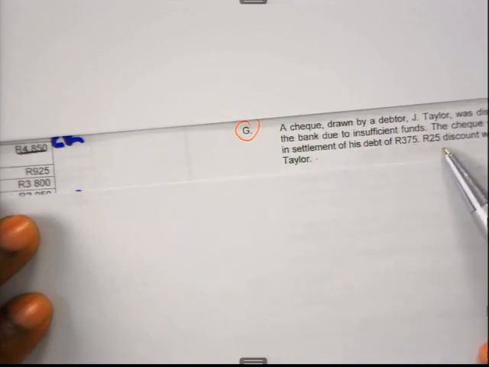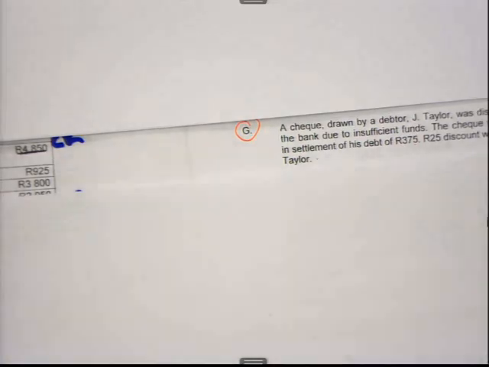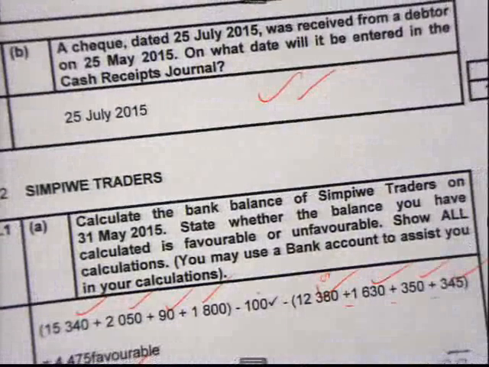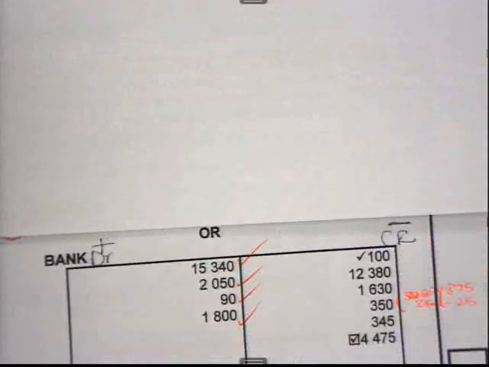So 25 rand discount was allowed to Taylor. Right? So this is a dishonored check. Immediately when you deal with a dishonored check, this check was now cancelled or is to be cancelled. In which journal?